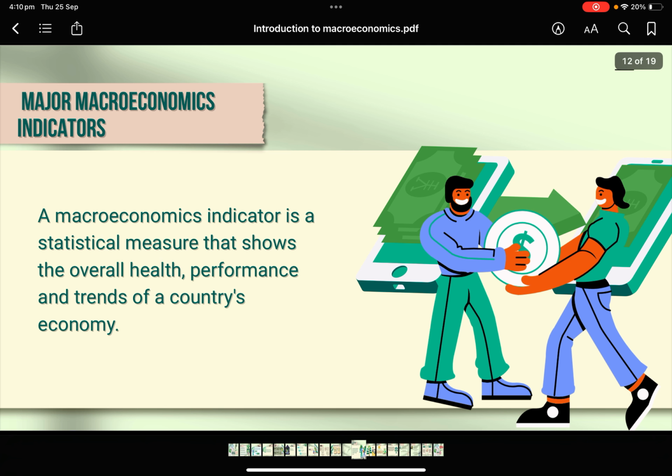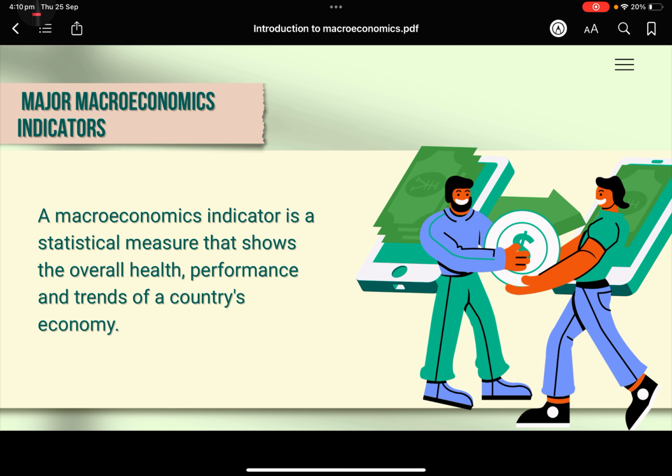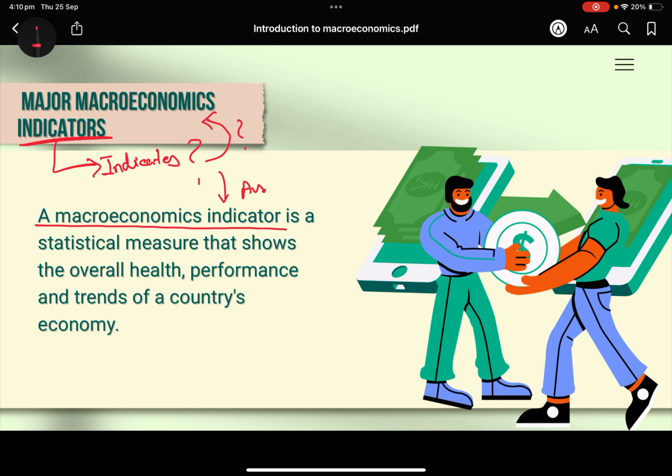The next slide is about the major macroeconomic indicators. An indicator is something that indicates, right? Then the question is what a macroeconomic indicator indicates. So here is the answer: a macroeconomic indicator is a statistical measure that shows the overall health, performance, and trends of a country's economy.